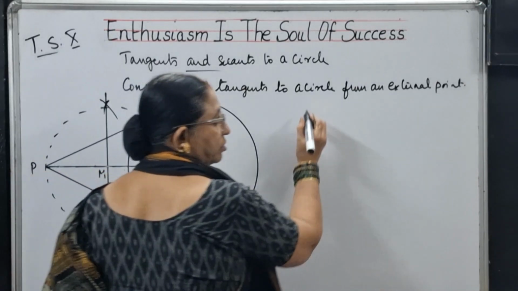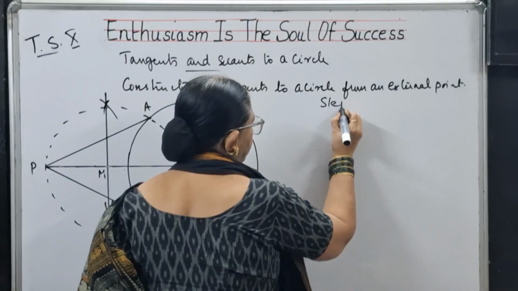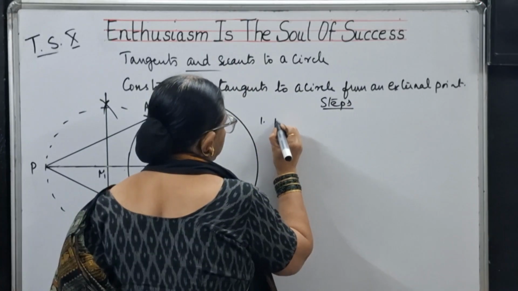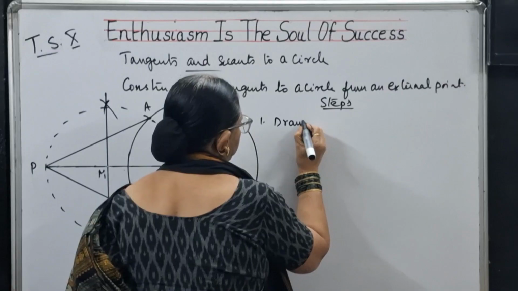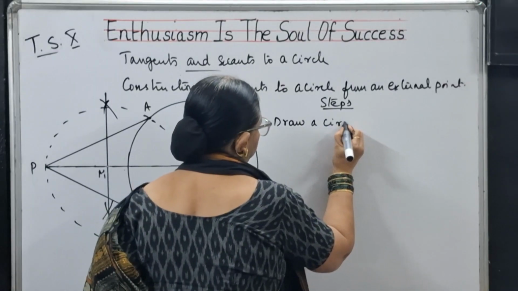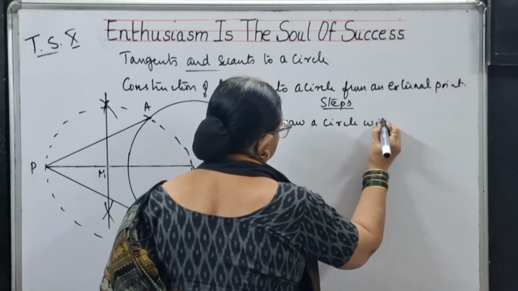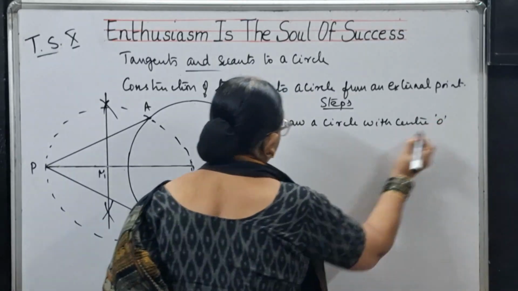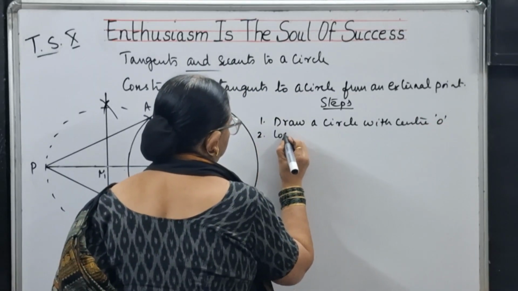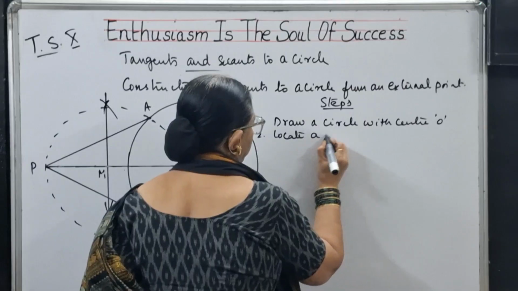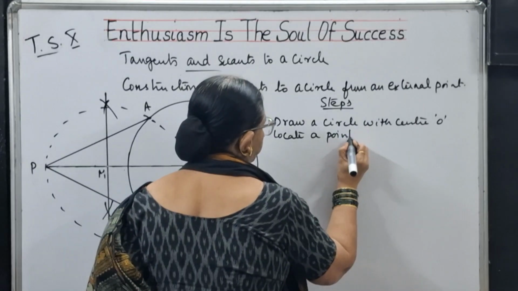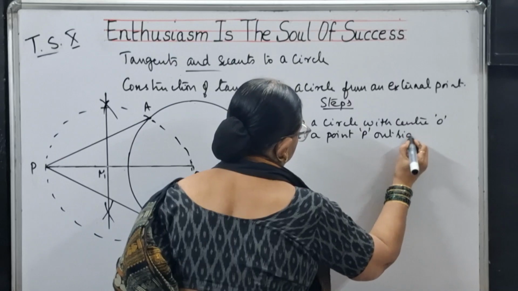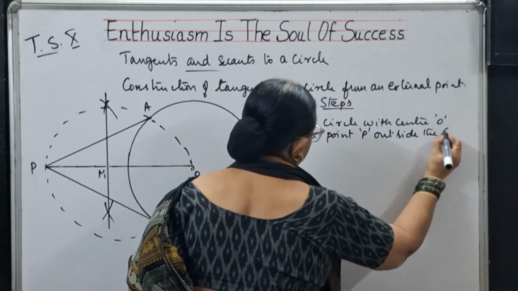Now let me teach you about the steps. What are the steps? First one, draw a circle with center O. Second point, locate a point P outside the circle.